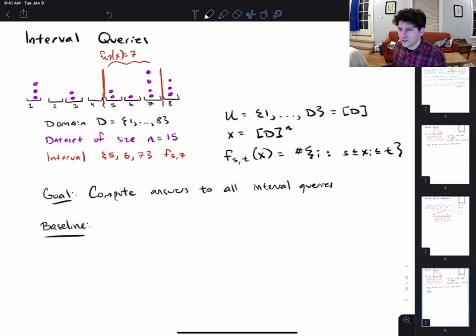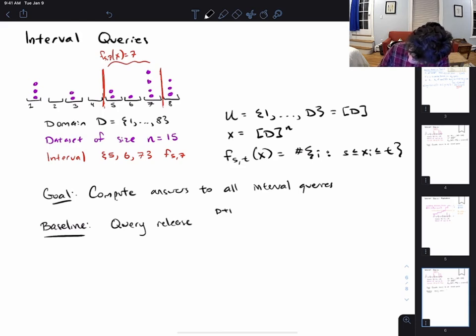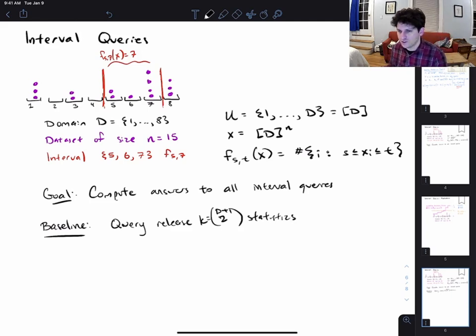All right, well, our baseline is that this is a query release with d plus 1 choose 2 statistics. Okay, so there's d plus 1 choose 2 intervals to consider.